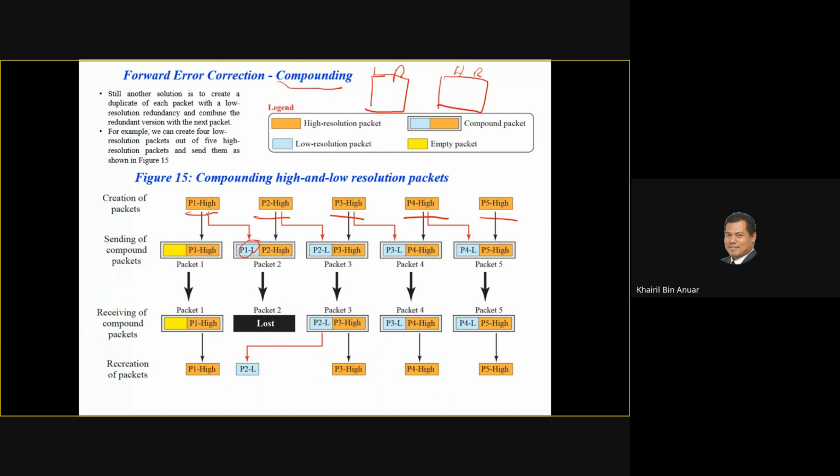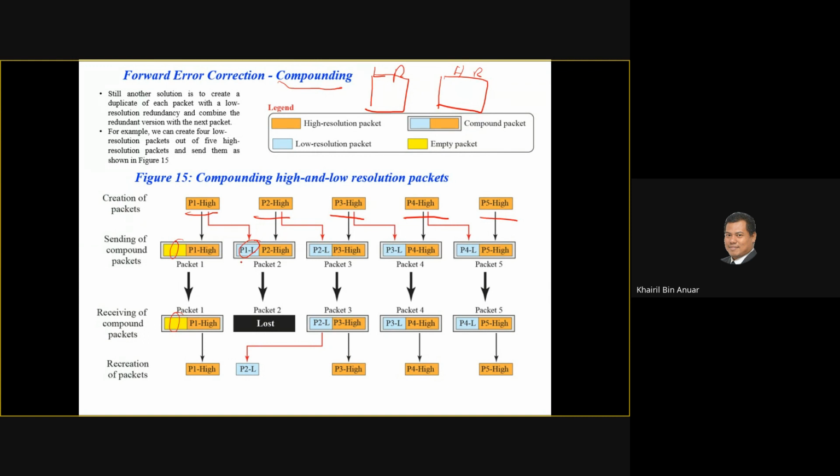Now you can see that for the first packet being sent, this one is empty because you don't have any yet, since this is the first packet. So you send this packet with the compounding packet, which is the low resolution of the previous packet. Since there is no other packet or frame here, we put it empty.